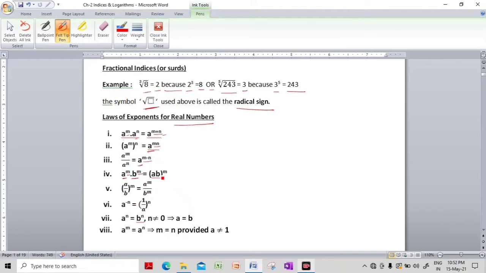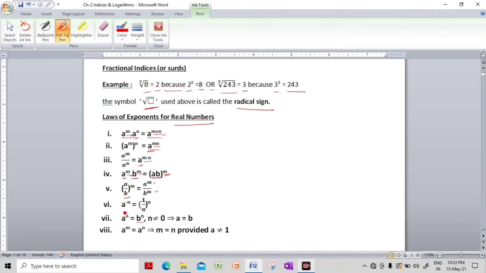In that case we can take the power as common. That means I can take ab together as they are in multiplication, and the power can be taken as common. Next we have a upon b, power m. It means this can also be written as a power m upon b power m.